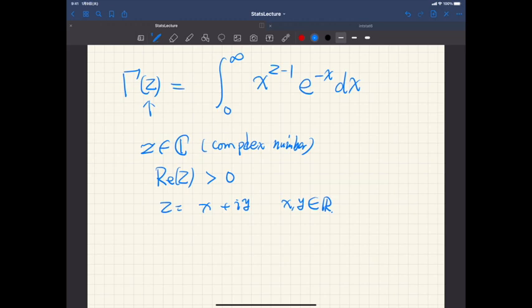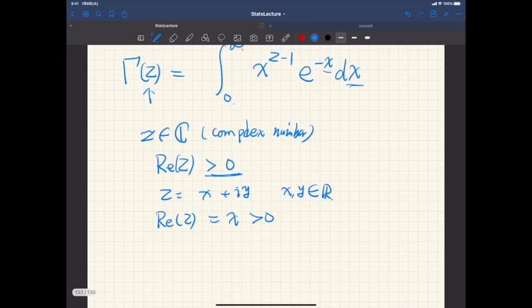So in this case, the real part of z is x, which must be greater than 0. So for such a complex number, this gamma function can be defined. And this integration is for this real number from 0 to infinity.